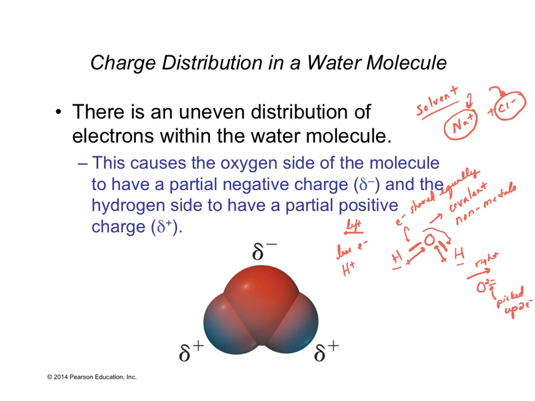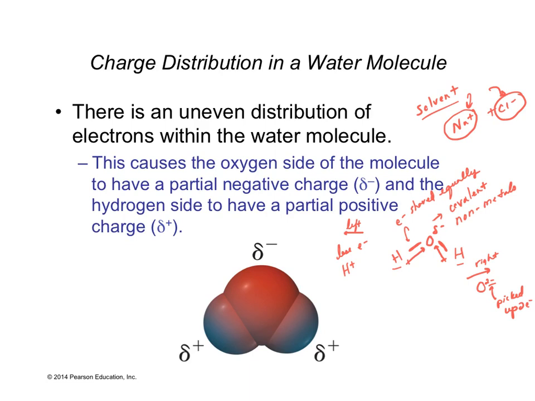So even though we say, oh, covalent bonds, electrons are shared equally, in reality, oxygen's taking more than its fair share. And so what happens as a result is that we get what is called partial charge formation. So instead of a full charge, we're going to get a partial charge, and we denote that via this little Greek letter delta. Oxygen takes more than its fair share of electrons, so it gets this partial negative charge.